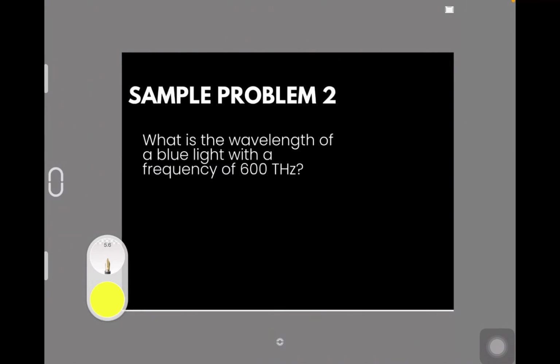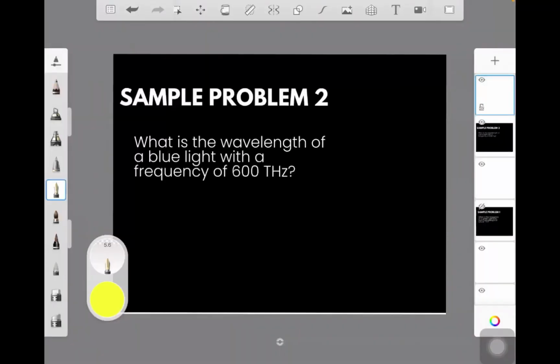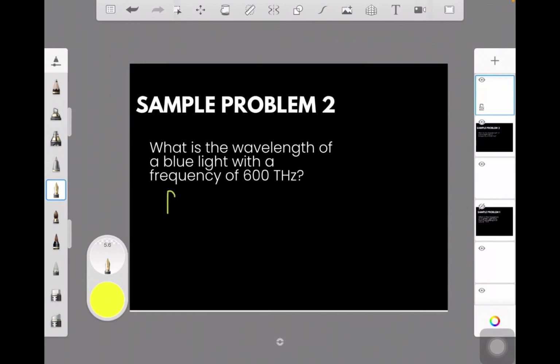Okay, so for sample problem number 2, the question is, what is the wavelength of a blue light with a frequency of 600 hertz? Terahertz, rather. So if you would like to answer this on your own, please pause the video, then continue whenever you're ready. F is equal to 600 terahertz.